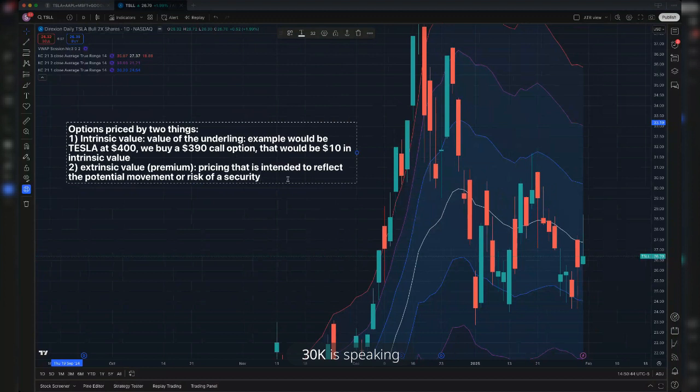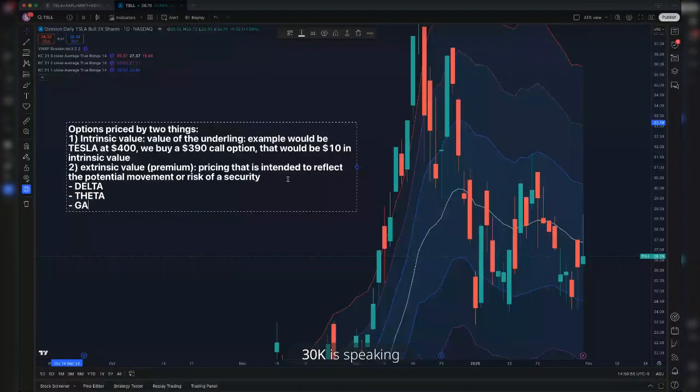Extrinsic is influenced by what we know as the Greeks. You all have heard the term delta, right? You all have heard the term theta, I believe. Yes. And then there's gamma. There are other ones like rho and vega, but I'm not going to bother with those because those are volatility.